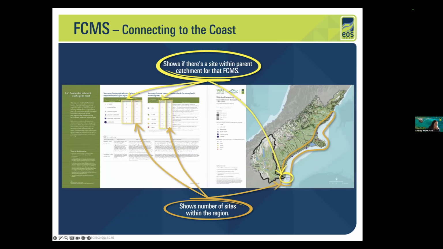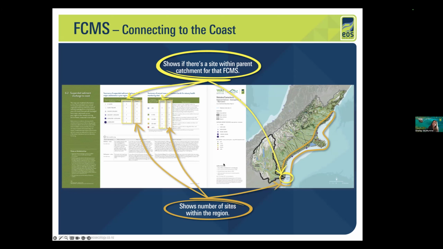So the last section that we've got in the map series is about connecting the focus catchment to what's going on at the coast. As I mentioned, we did that because some catchments won't be connected to the coast, and we wanted to have that Kia to Kaitiaki approach. You can see here that we've got the Lake Benmore subcatchment, which is quite a way away from the coast.